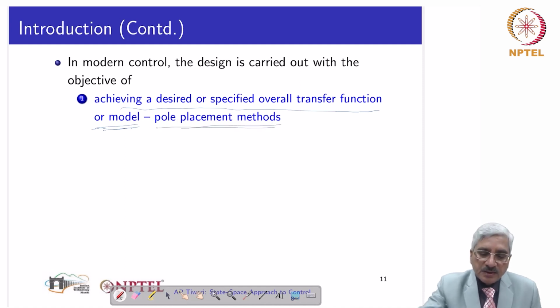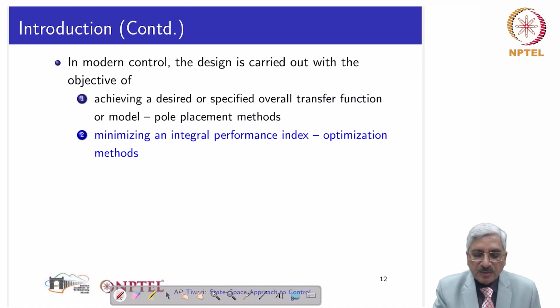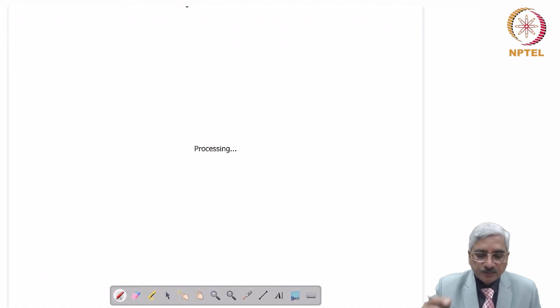The other objective is to minimize an integral performance index, and the methods falling into this category are called optimization methods. So in modern control, the design is carried out in terms of achieving a desired transfer function or minimizing an integral performance index.